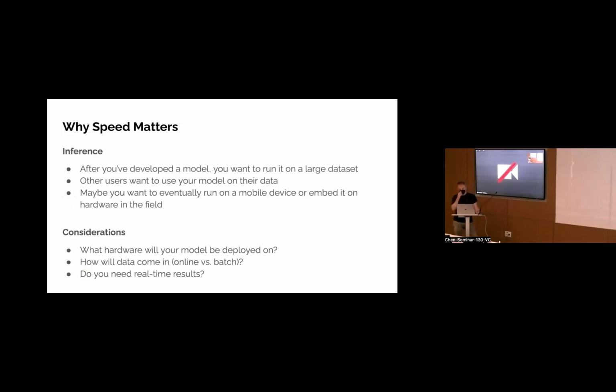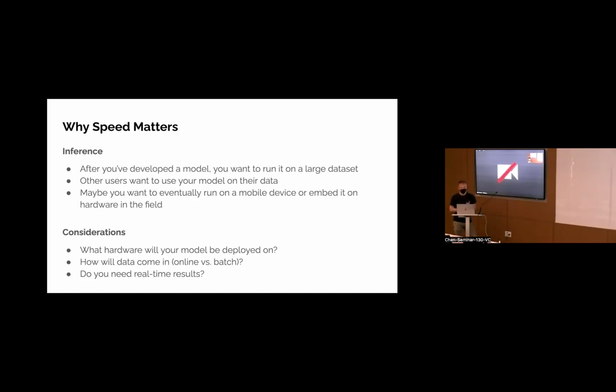And then during inference, this is the obvious one where once you've developed a model and either you or other users want to use it, the faster that it runs, the quicker you can get through a big data set. Maybe you want to run it on a mobile device, or maybe you want to run it on an edge device in the field. So you have some constraints about how quickly you may need to run your model.